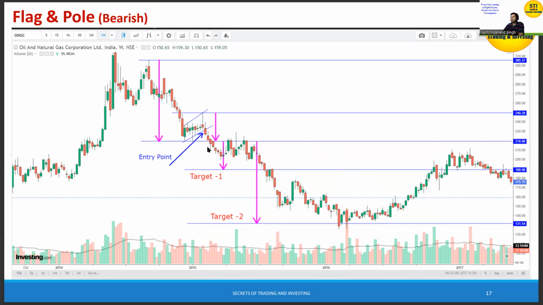And when it breaks, in the continuation pattern, the main thing is that whenever any stock is falling down, or any stock which is in downtrend direction or uptrend direction, we need to see what is the main trend. Okay, and after that, it started going in a sideways move, so we need to wait to see in which direction.